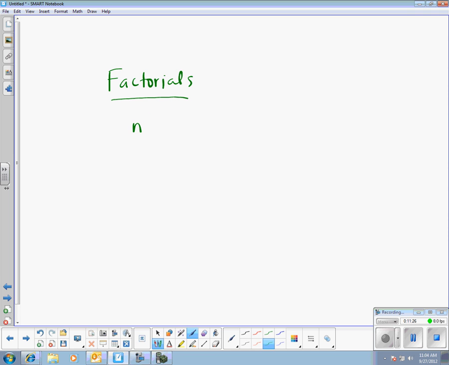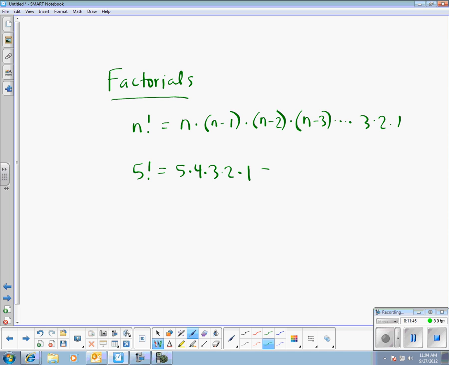Okay, factorial means take the number, multiply it by 1 less, multiply it by 2 less, multiply it by 3 less, all the way down to 1. So 5 factorial just means 5 times 4 times 3 times 2 times 1, which I believe is 120. Factorials get really big really fast.